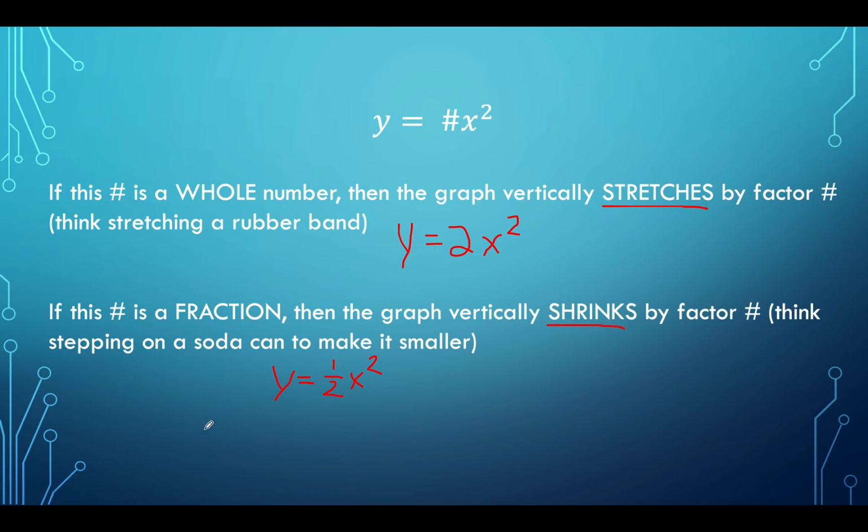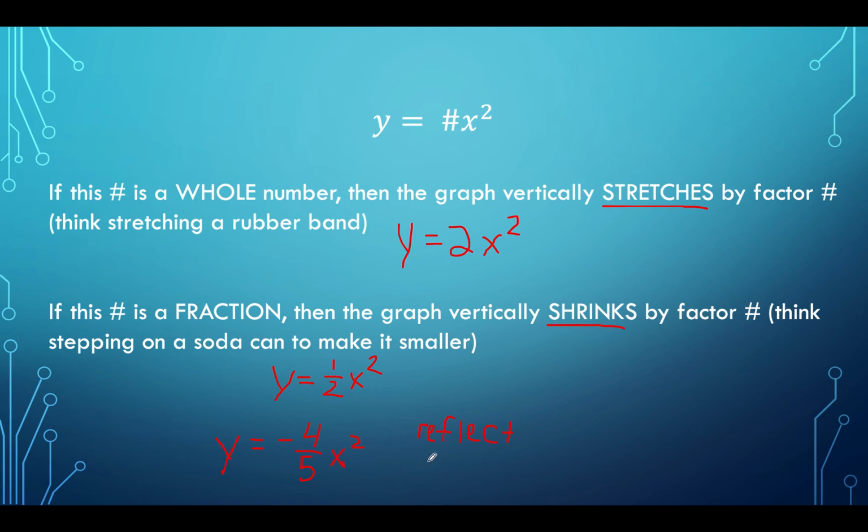So let's take what we went over in the last slide. Now if we have y is equal to negative 4/5 x squared, what's the graph doing? It's reflecting. And then what's it doing with the 4/5?